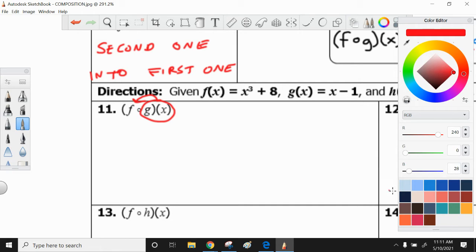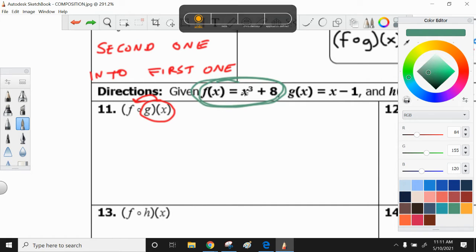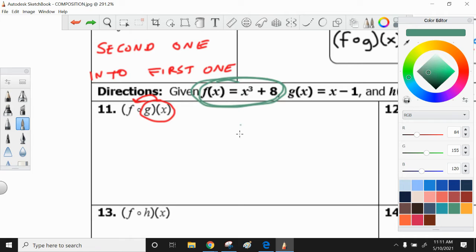So here's my strategy for making sure that you do this correctly. I need f, so I need this f right here, and I need the g to go into the f. My strategy is that these x's are the place where the g is going to go. So what I do is I write f of x.